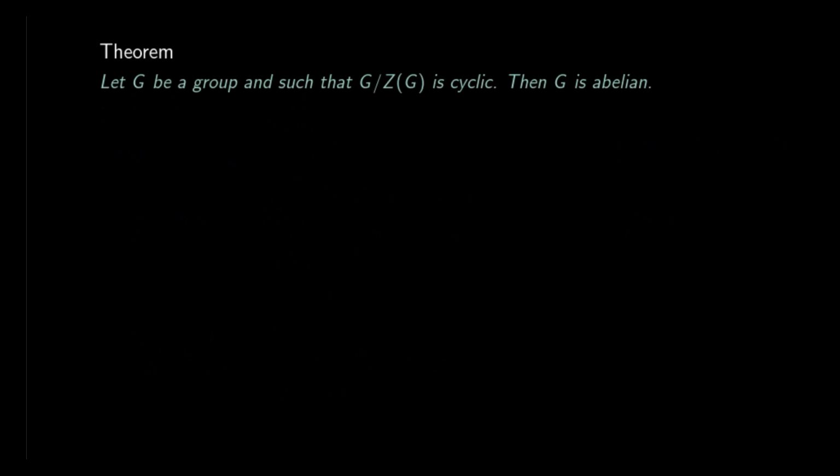Next, let us prove that if G by Z of G is a cyclic group, then G is abelian.